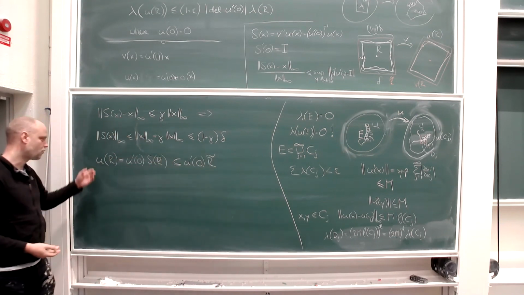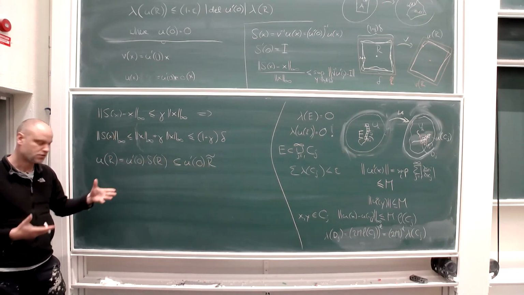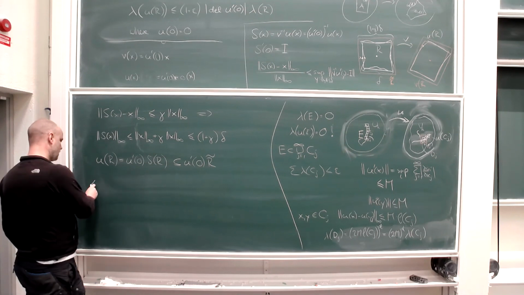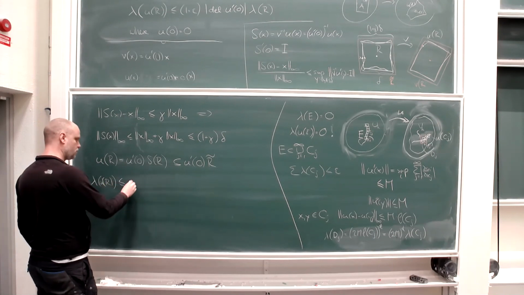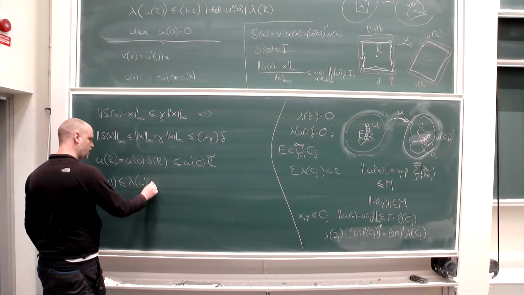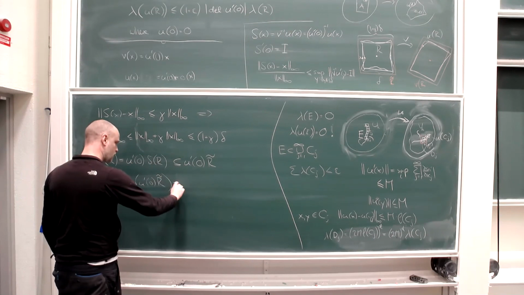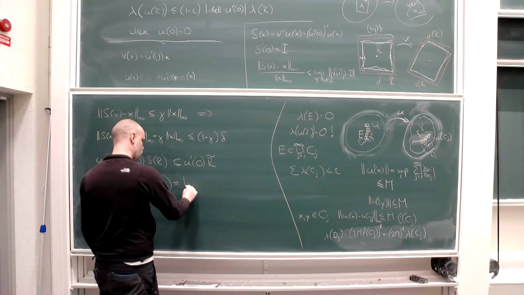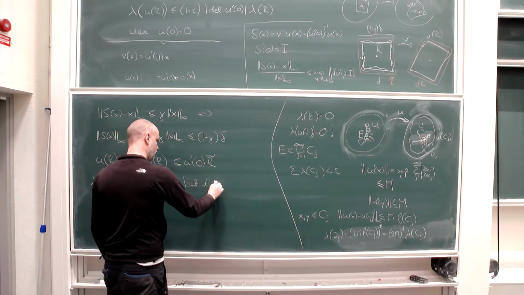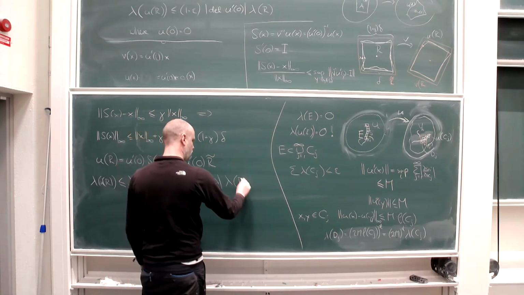And look how beautiful, now we are where we wanted to be. This is something we can work with. And here we have a subset, so this is also something we can work with. Now the Lebesgue measure of U of R is less than or equal to the Lebesgue measure of U prime at 0 applied to my R theta, which according to Lemma 6 or Proposition 6.13 is just the modulus of the determinant of U prime at 0 times the Lebesgue measure of R theta.